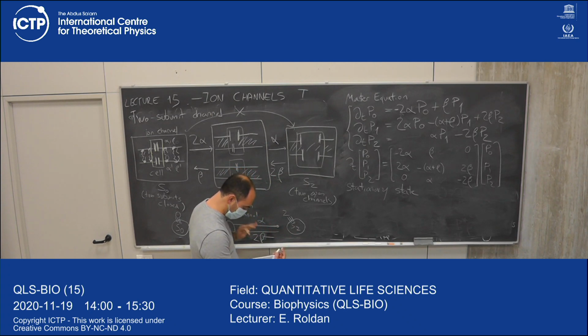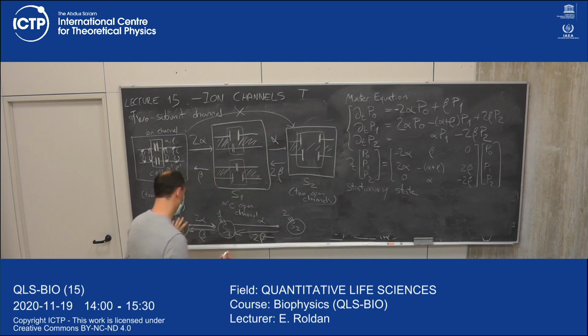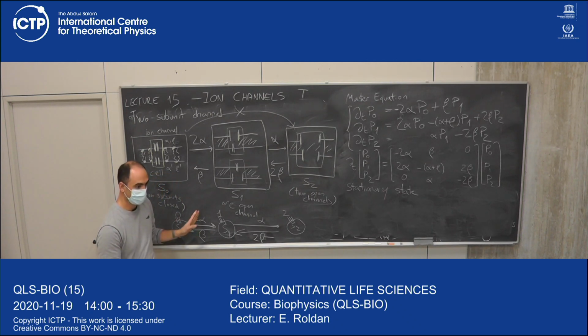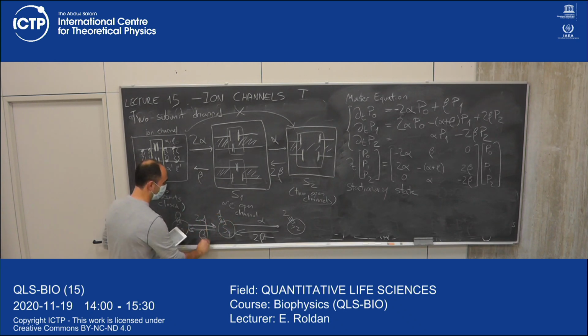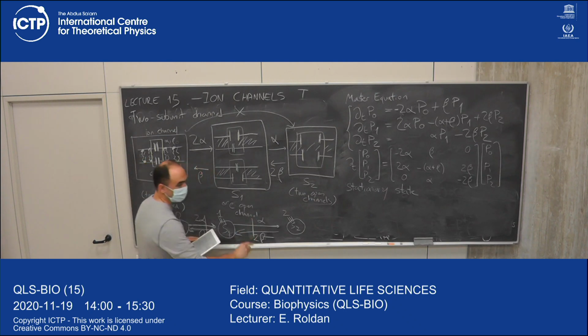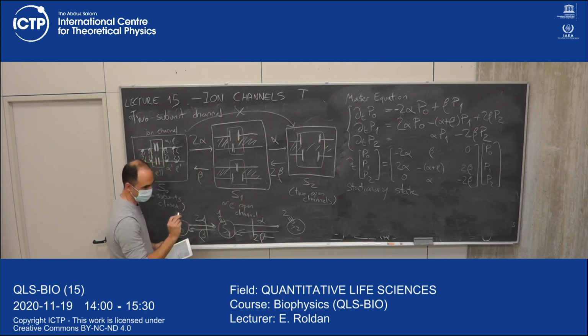So the strategy I will follow is the following. There are many ways, but one way is I say there is no current. This is a system with 3 states, it reaches equilibrium, and there is no current here in stationary state, and there is no current here. If this were a loop, there could be a current. But this is not a loop, this is just a line, and in this finite line, there's no current.